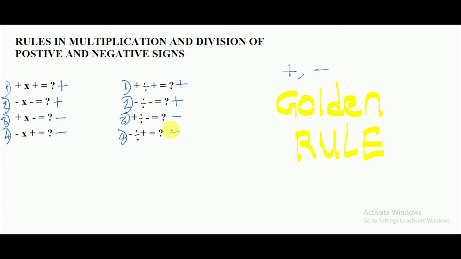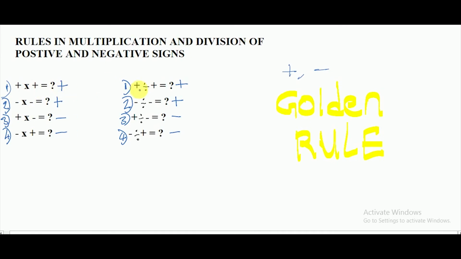Let's do something on our own. Let me explain one more time the golden rule. It says that when you have two same signs or identical signs multiplying or dividing themselves, it will give you a positive answer. We've seen this in the multiplication part here, plus times plus, because they are the same, giving us positive. Let's go to the division part.